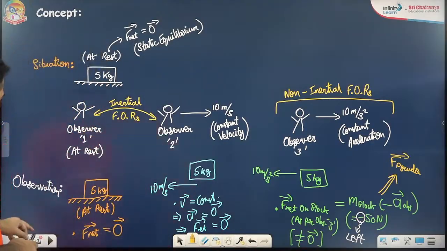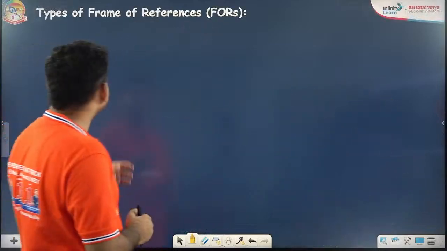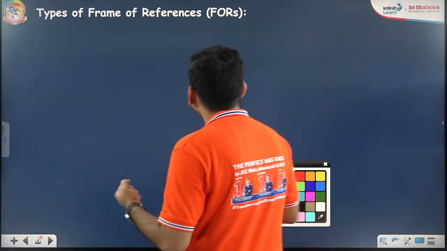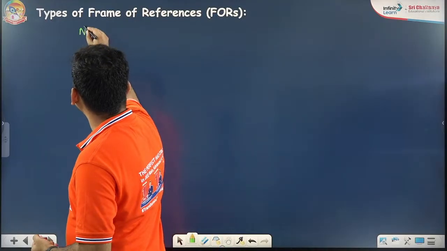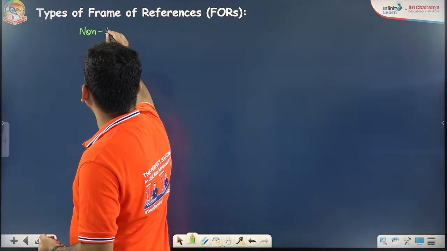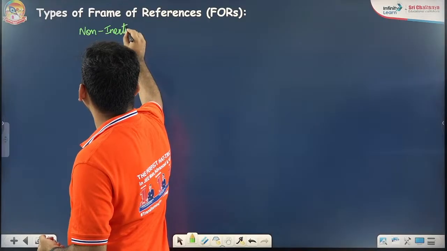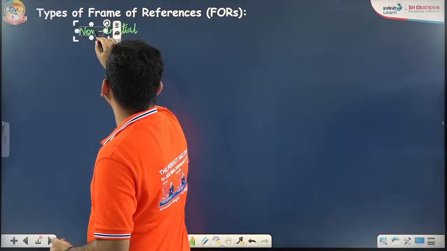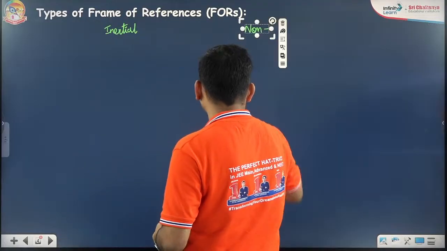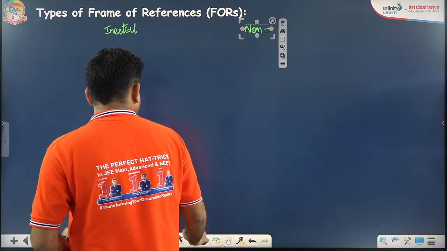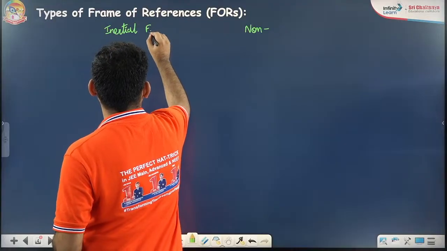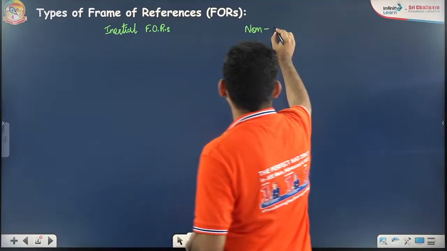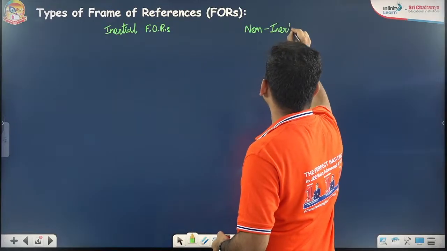All right. Let me take you towards the detailed discussion of types of frame of references. Theoretically, there are two types of frame of references. One is inertial frame of references, and the other is non-inertial frame of references.